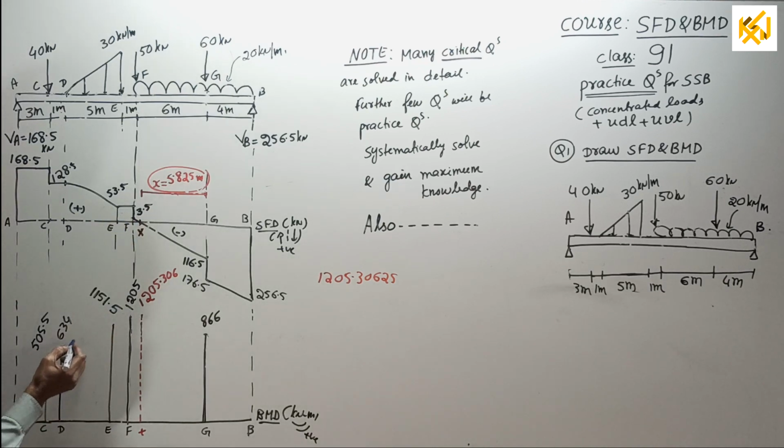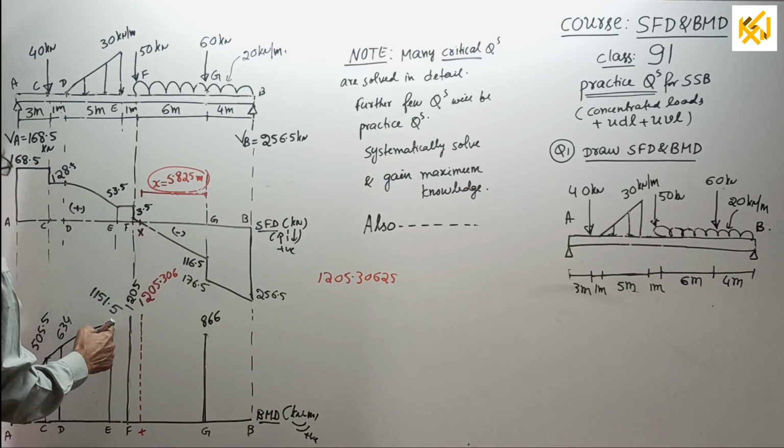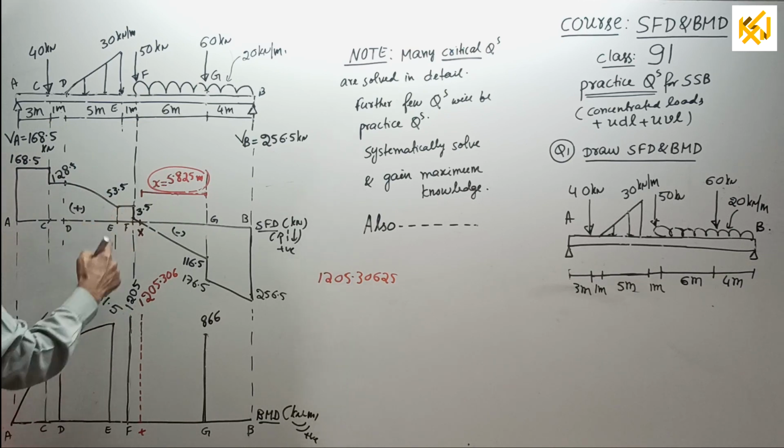So be careful now. What you have to do is the same line. If you continue the tangent, it should go this way to this point. And when you reach here, the slope should be equal to how much? 53.5. Slope will reduce, here slope is more. Here parabola of third degree.